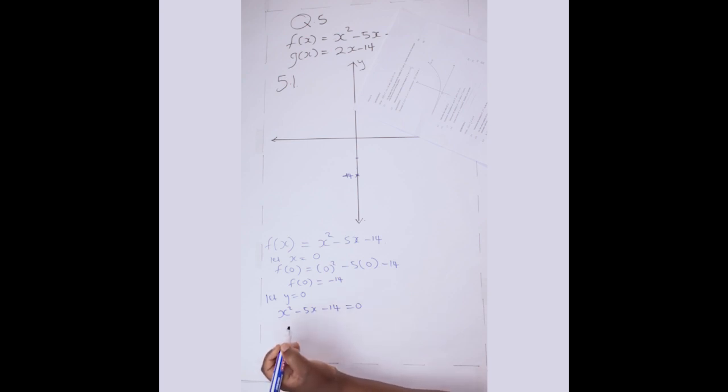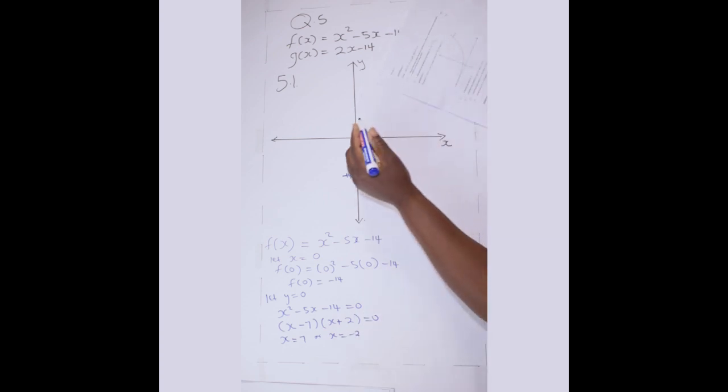So let's see, if I say x minus 7 and x plus 2 in my brackets, I think this is factorizable, so we can do that. It means that x equals 7 or x equals minus 2.